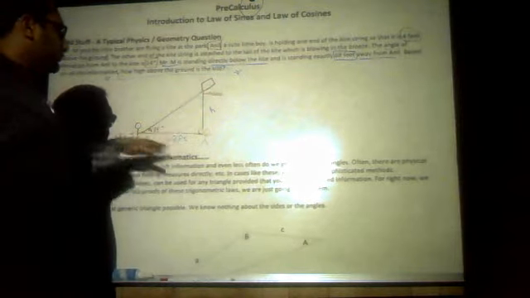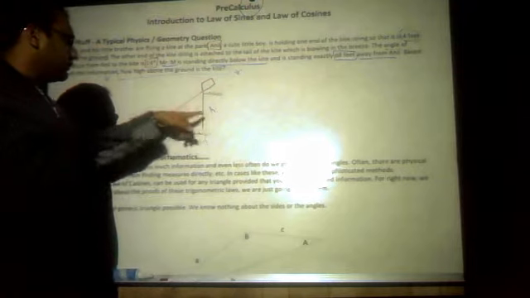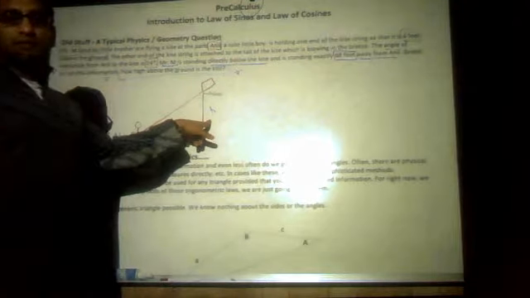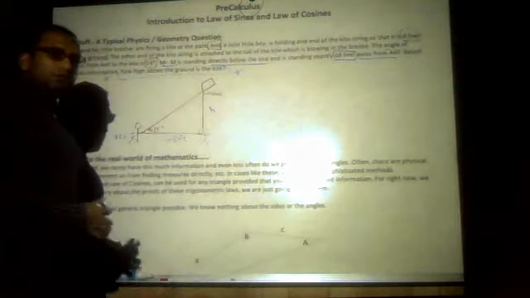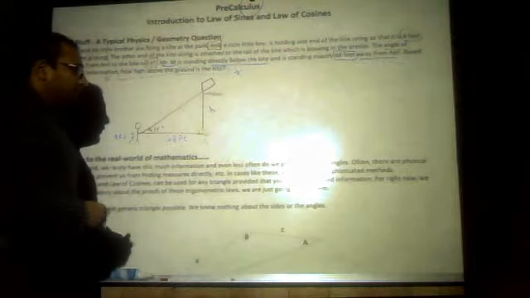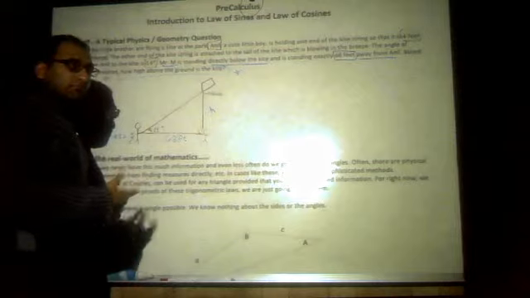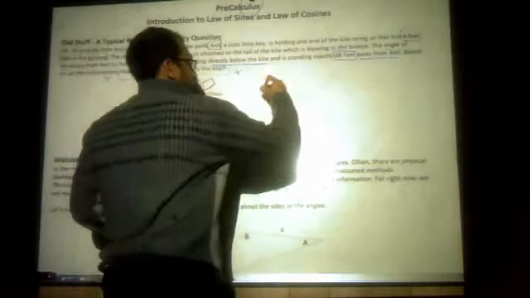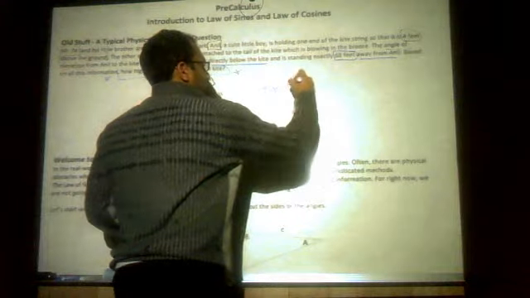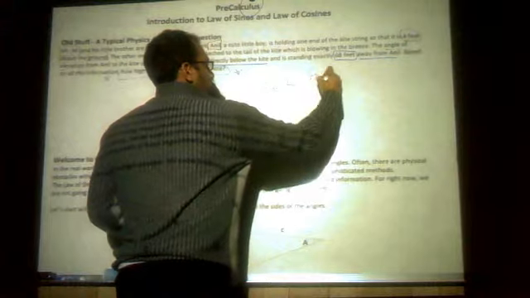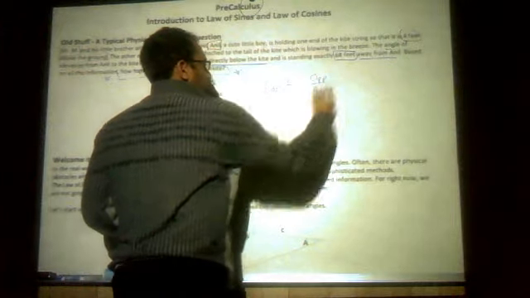So I have a 90-degree triangle, I have a degree measure, and I have two of the sides of the triangle. Do I know any trigonometric ratio that involves the opposite and the adjacent? Yeah, tangent. The tangent of theta is equal to opposite over adjacent.